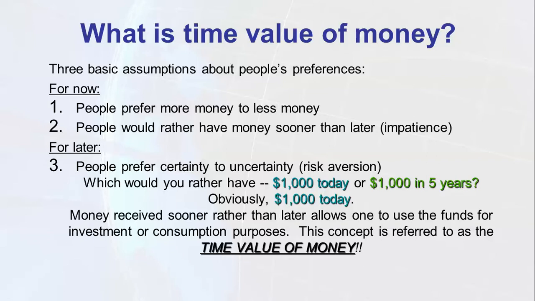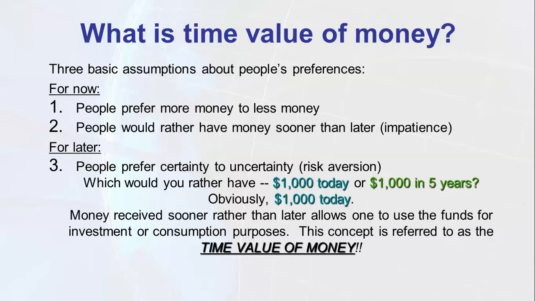People want money sooner than later. If your dad says, son or daughter, do you want $500 now or $500 2 years from now? The reason could be anything, but you like money sooner than later.